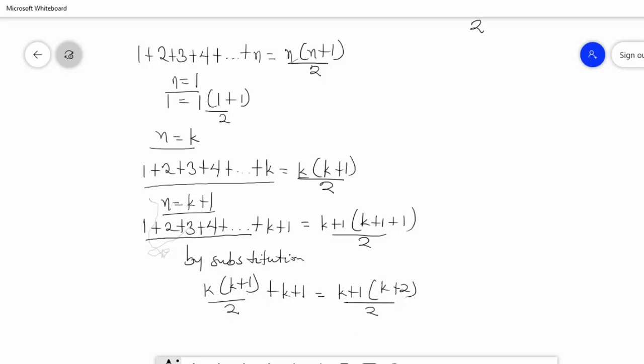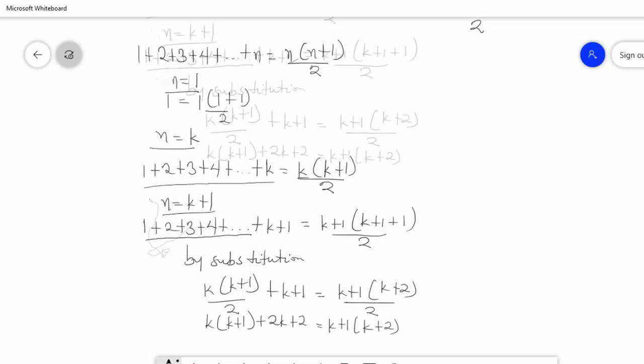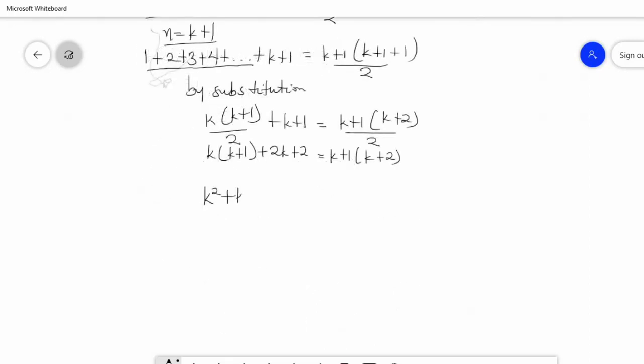If you want to get rid of the denominator 2, we shall multiply through by 2. Let's expand both sides of the equation. We shall have k plus 2k plus 2, and this shall be equal to k plus 1 multiplying k plus 2.